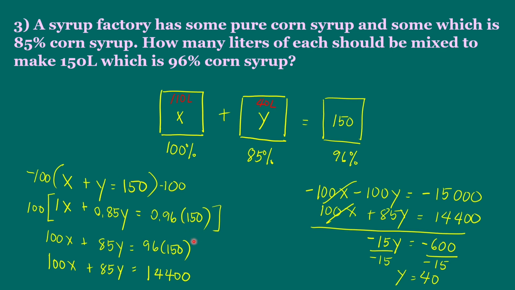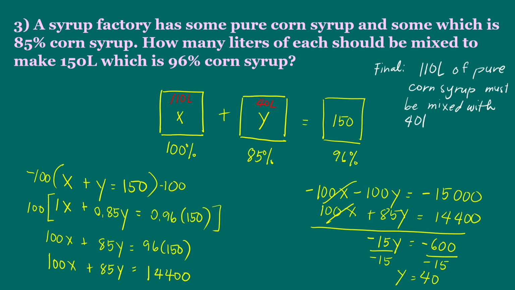So, we can write our final answer in sentence. "110 liters of pure corn syrup must be mixed with 40 liters of 85% corn syrup."